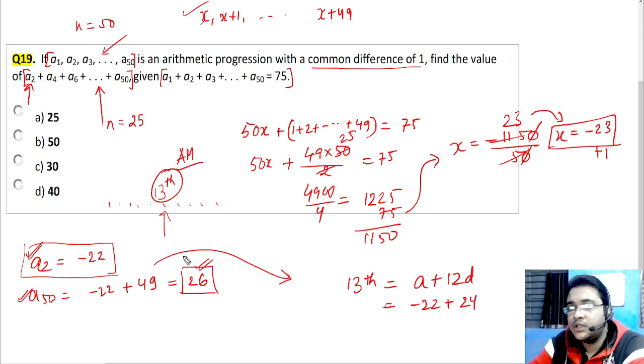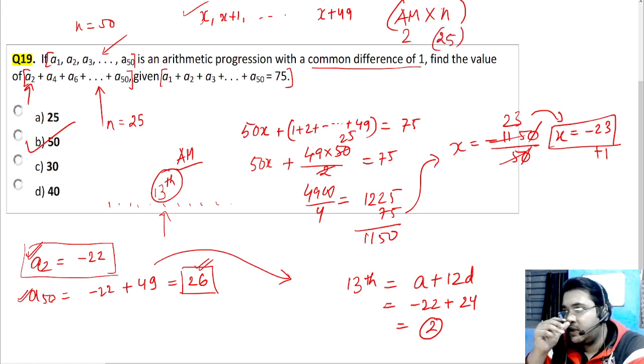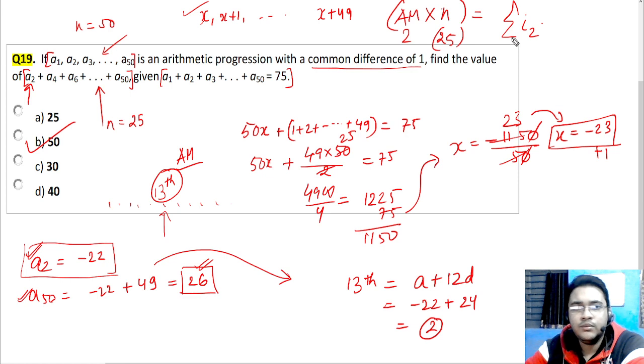It is going to be 2, because we're talking about the second sequence. 24 minus 22 gives me 2. Now this gives me my answer as 50, because the arithmetic mean, which we just calculated as 2, into the number of terms, 25, is equal to the sum of the sequence. A good one, an interesting question. Thank you.